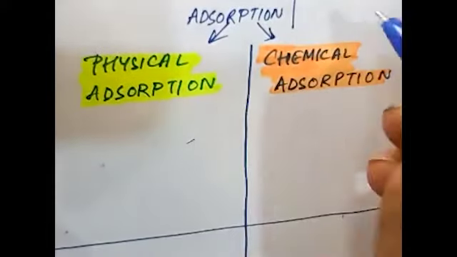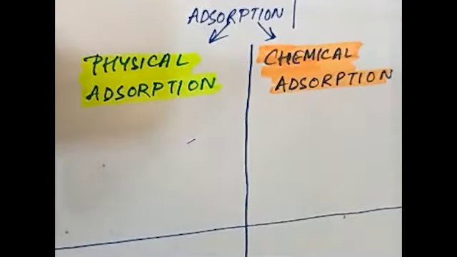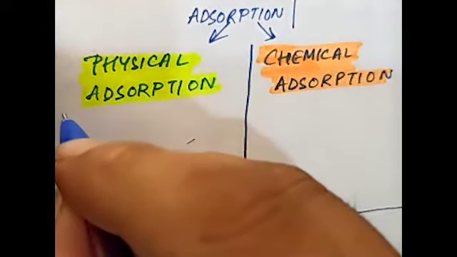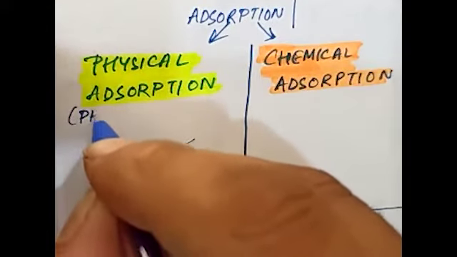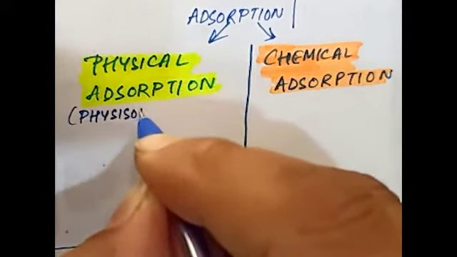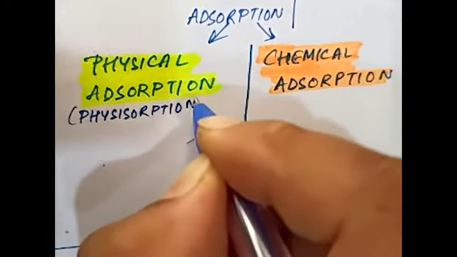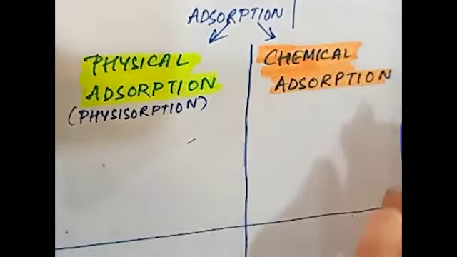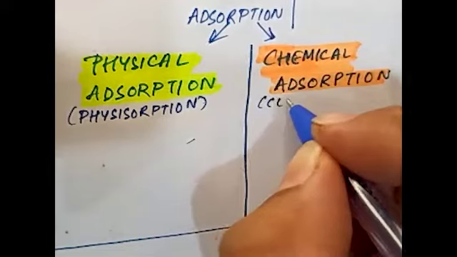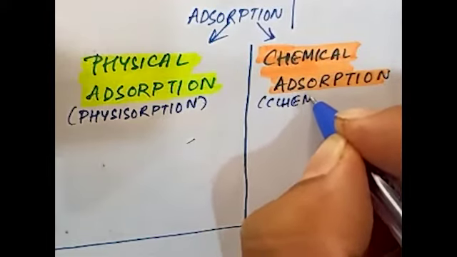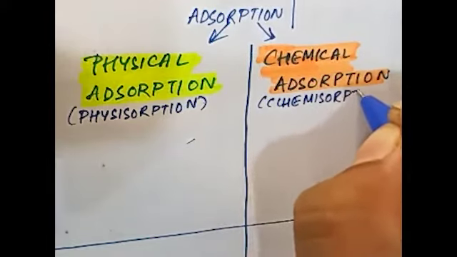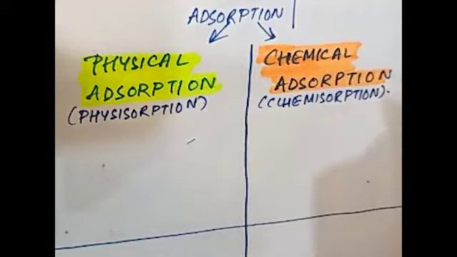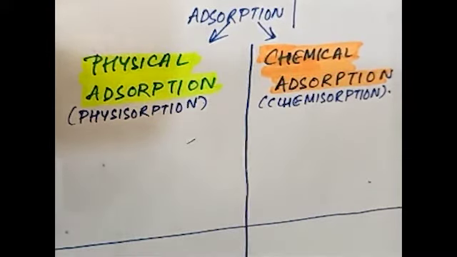One is the physical adsorption, one is the chemical adsorption. फिजिकल एड्सॉर्प्शन को हम लोग फिजिसॉर्प्शन भी बोलते हैं, और केमिकल एड्सॉर्प्शन को केमिसॉर्प्शन भी बोलते हैं। Physical adsorption is known as physisorption and chemical adsorption is also known as chemisorption.